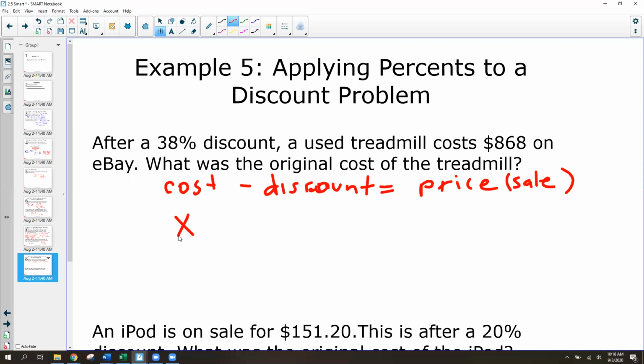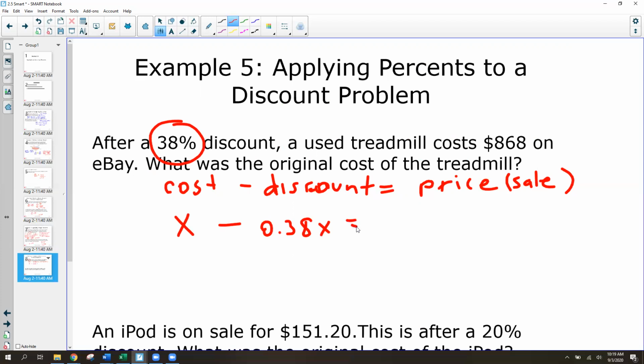Okay, well, I don't know the cost. This is X. The discount is 38% of X. It's 38% off the original cost, right? So it's like a tax. I would multiply that amount by X. So I'm going to write 38% as a decimal, 0.38 times X. 38% of X is the amount I'm getting off.